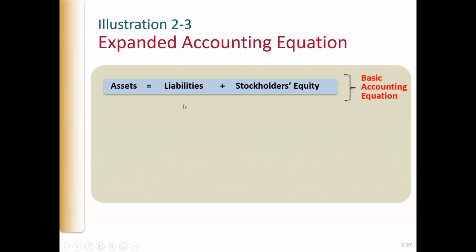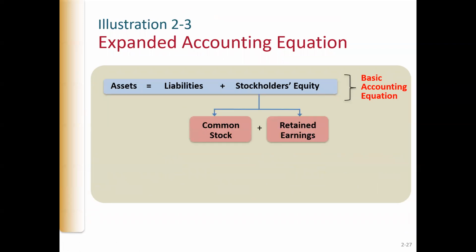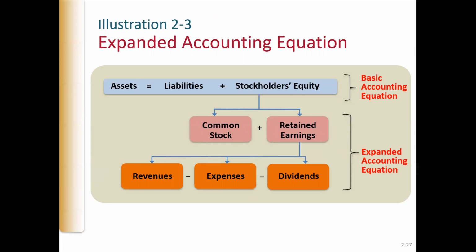Now, we're just going to add another dynamic to this equation. Do you remember last week when we were talking about retained earnings? We said that retained earnings showed the beginning balance. We added net income and we subtracted dividends to come up with our retained earnings.